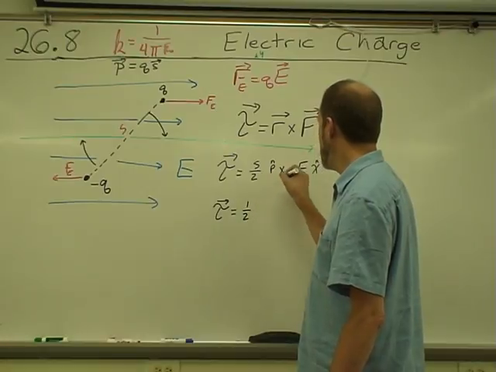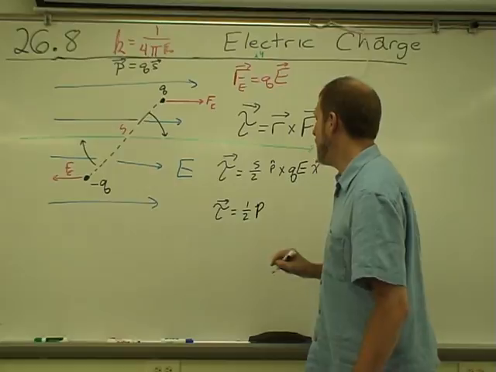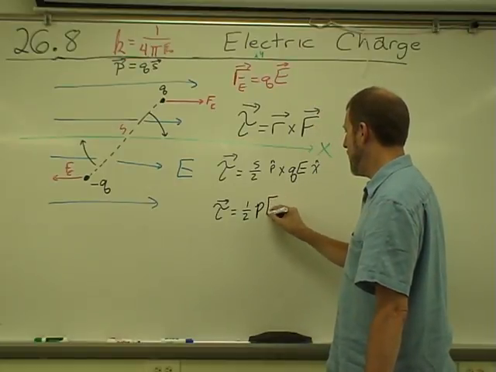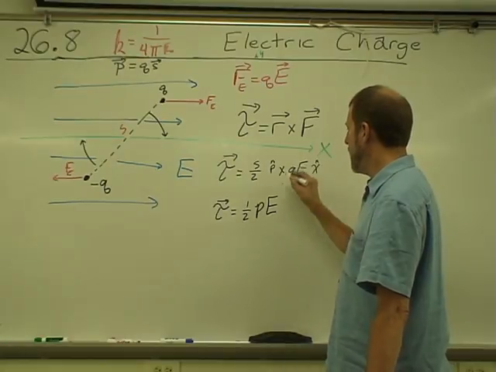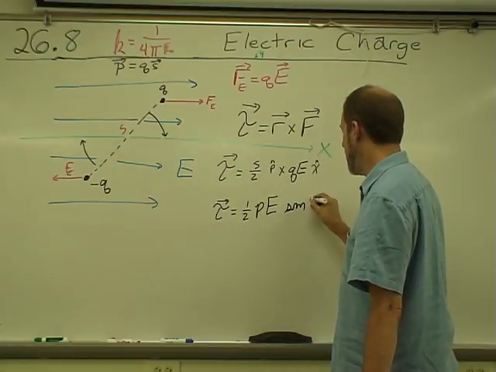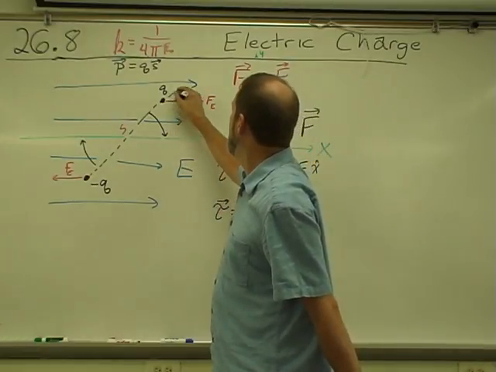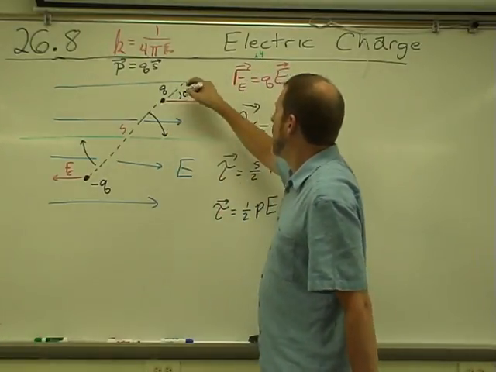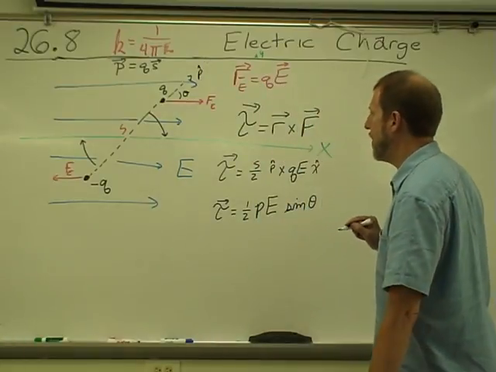So, the torque is equal to 1/2 q times s, which is the magnitude of p from up here, times the electric field, times the sine of the angle between those two vectors.